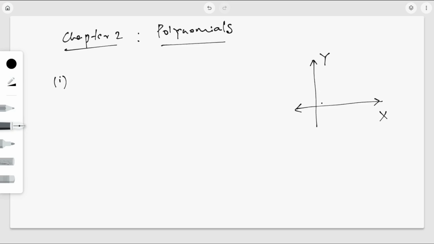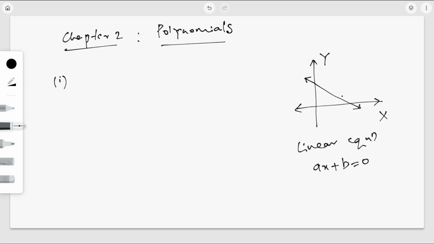So you know, for a linear equation with a general form ax plus b is equal to 0, the nature of the graph is always a straight line.